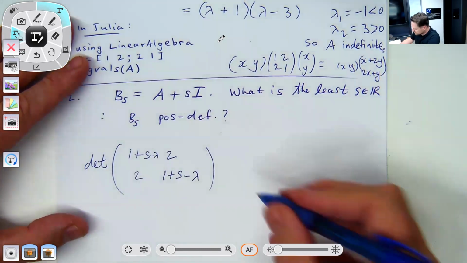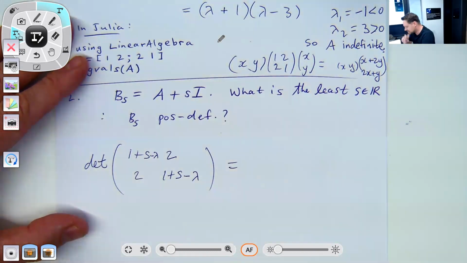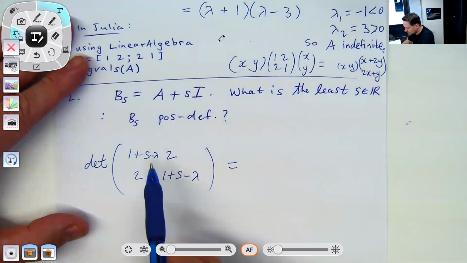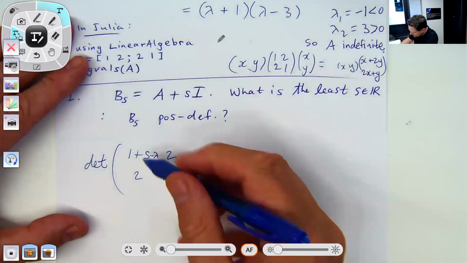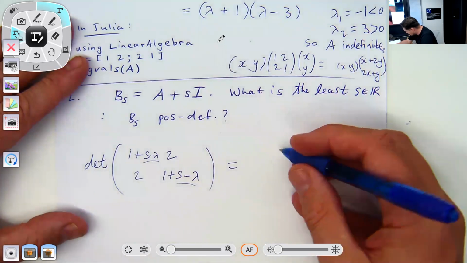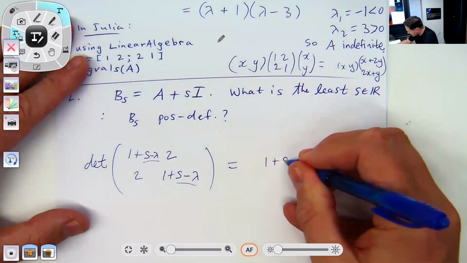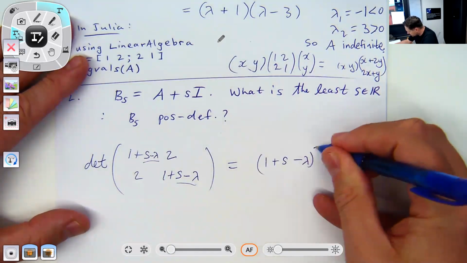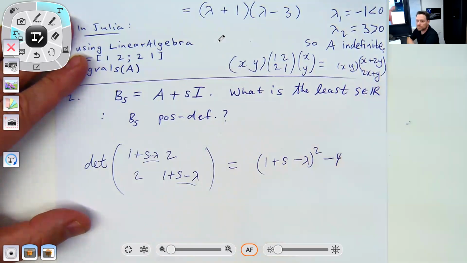All right, so this determinant is just the same as, and you can see that here because this is a lot like what I had up there. It's basically just 1 plus s minus lambda squared minus 4.